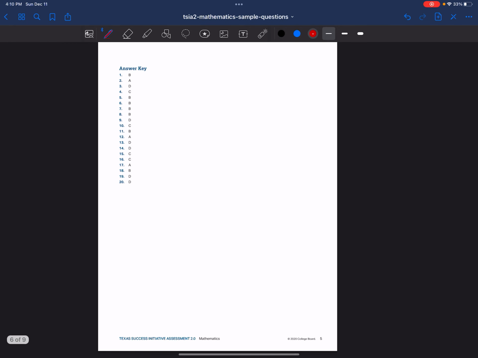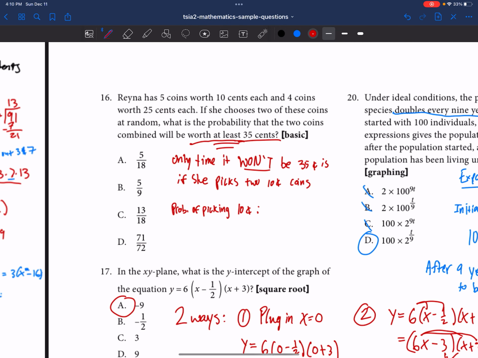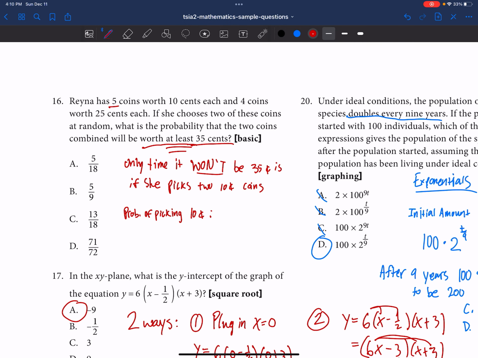Yeah. So see, there's 5 coins and 4 coins, so there's 9 coins total. So the probability of picking 10 cents is the number of 10 cents divided by the total. So that's equal to 5/9.